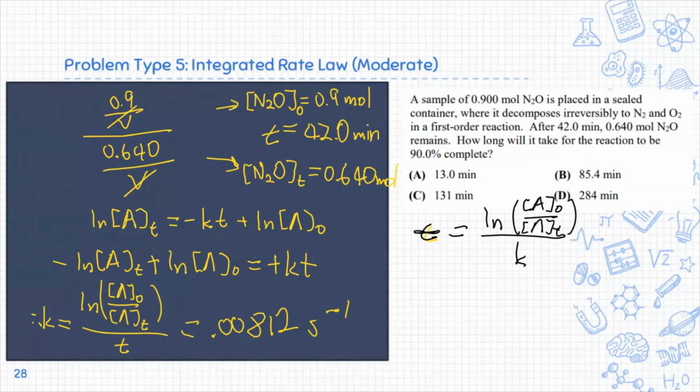All right, so we know, let's just say that there was 100 molecules as the initial concentration. Now, I justified that if the volume is the same, then we don't really have to consider volume, right? So if 90% is complete, then there's 10% of reactants left. So there would be 10 molecules left, right? What is this equal to? That is 10. All right, so instead of this, we just plug in 10.